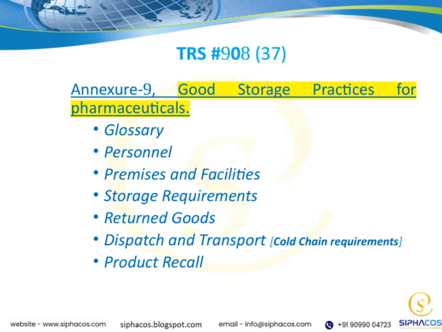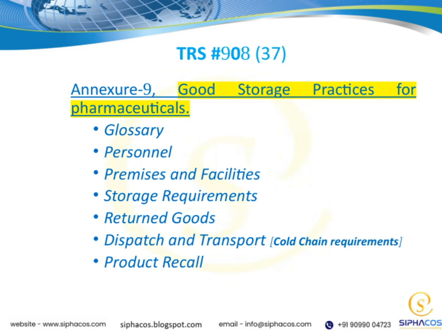Dispatch and transport, especially cold chain requirements, are crucial because some medicines need to be kept within specific temperature ranges during transit to maintain their effectiveness. Product recall procedures are also essential, as they provide a systematic way to quickly remove defective or compromised medicines from the market, safeguarding public health.